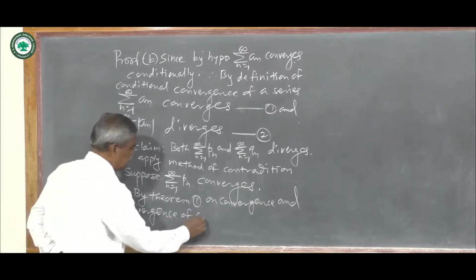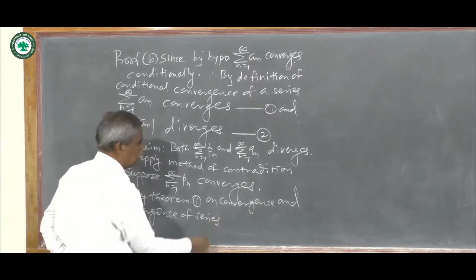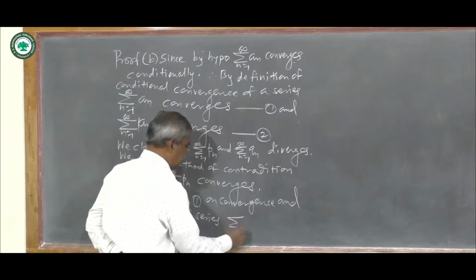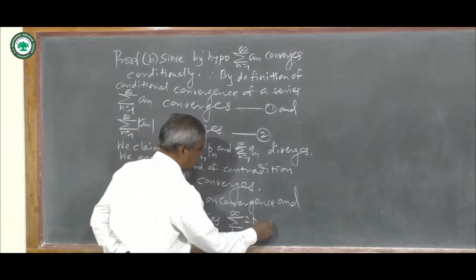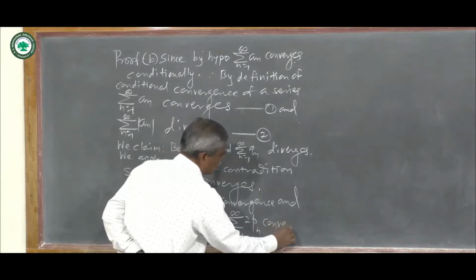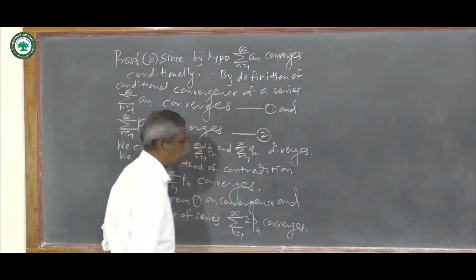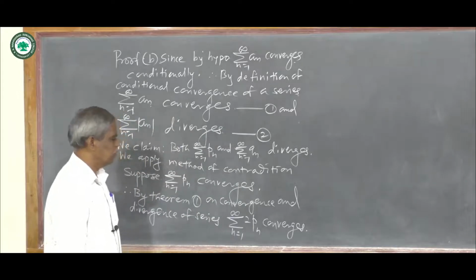Summation n is equal to 1 to infinity 2pn converges.